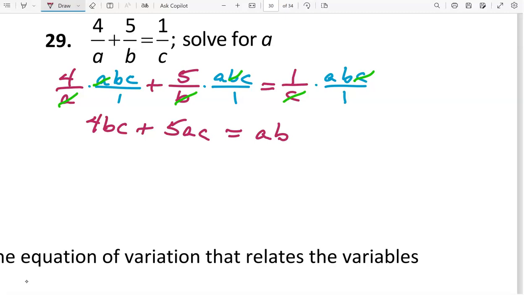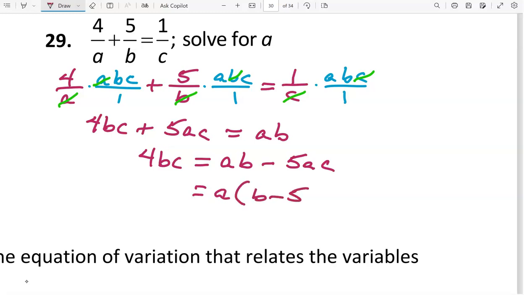We're solving for a, so I'm going to move that 5 times a times c term to the other side by subtracting it, and then factor out the a, and that gives us b minus 5c. So a times b minus 5 times c is equal to 4 times b times c, and now we can divide.